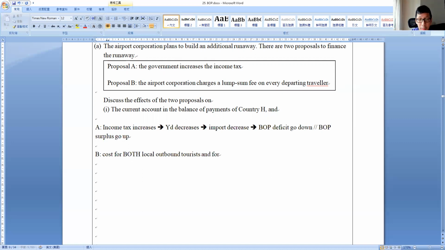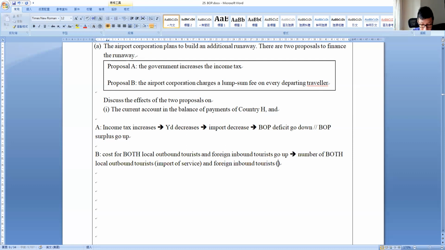and foreign inbound tourists, people from overseas coming to country H. The cost for both groups of people would go up, meaning number of both local outbound tourists 好啦，我出去旅行 meaning import of service 係嘛？我出去旅行係 import 人哋嘛 and foreign inbound tourists 好啦 inbound tourists someone coming to my place for tourism giving me money export of service would go down.